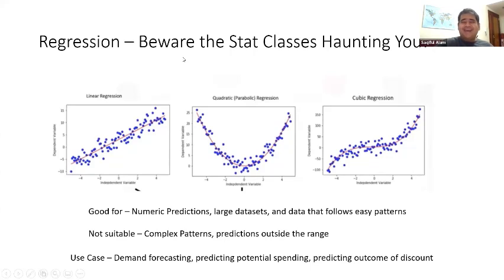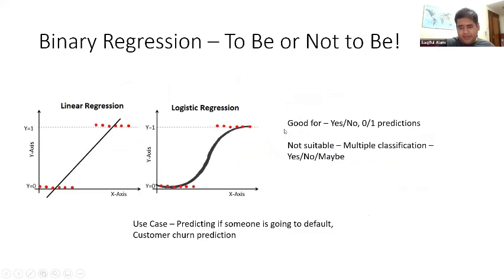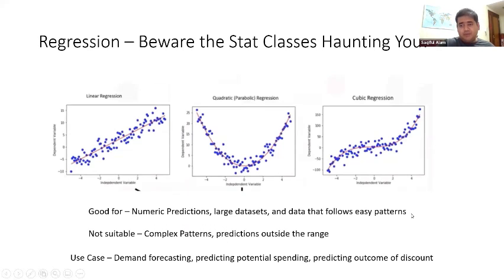So regression is one of the most used supervised models. There are some reasons behind it. The first reason is simplicity. Most regressions, and the most commonly used is actually the one on the left, linear regression. Linear regression assumes that there is a straight line relationship, or a linear relationship, between two variables or multiple variables. And it tries to model that.